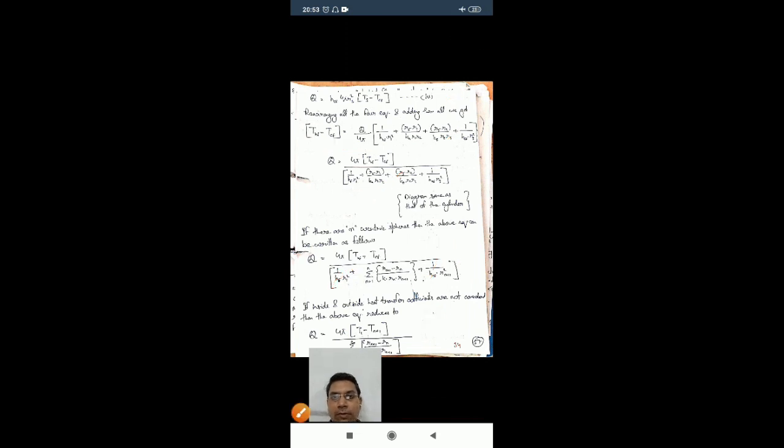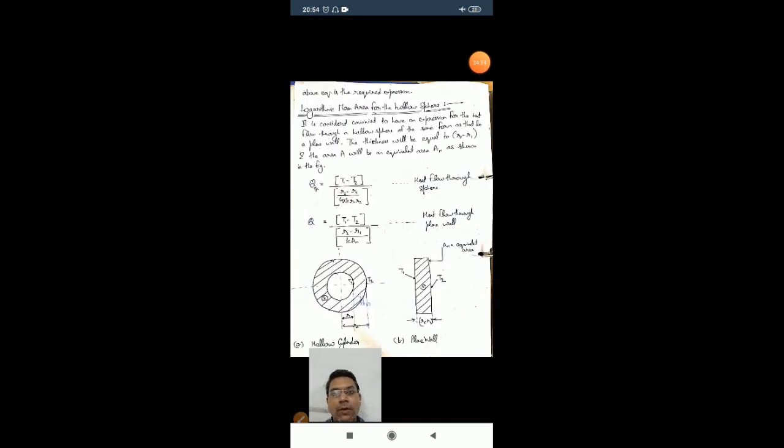So now the logarithmic mean area for the hollow sphere, as for the case of the cylinder, we have derived for the sphere also, the concept remaining the same.